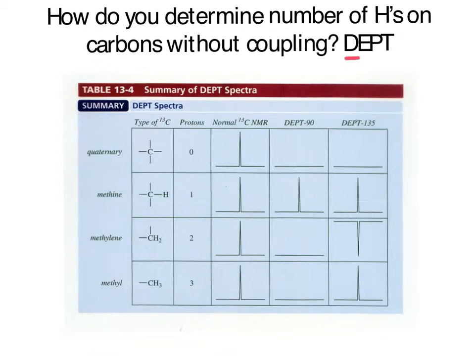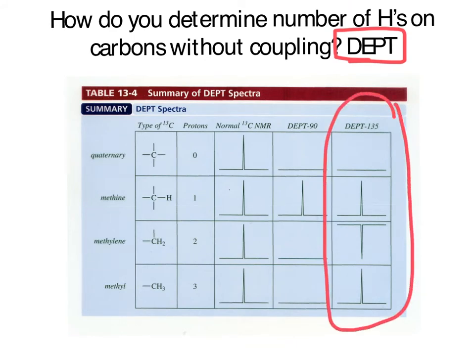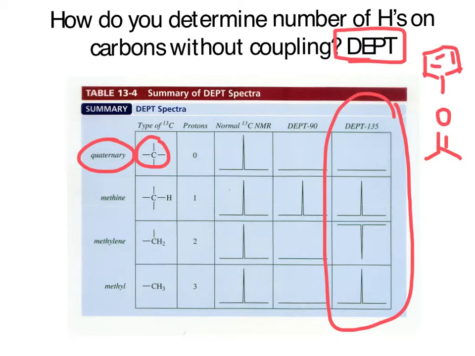And this is referred to as DEPT, D-E-P-T. I believe that stands for Distortionless Enhancement by Polarization Transfer. You don't have to worry about what it means. But basically what I want you to focus on is this. When you run your DEPT experiment, it's going to look like a carbon spectrum. But it will be different because any quaternary carbon, any carbon that doesn't have any hydrogens on it, such as the one drawn, or a ketone, ester, even let's say an aromatic ring that has a substitution on it.